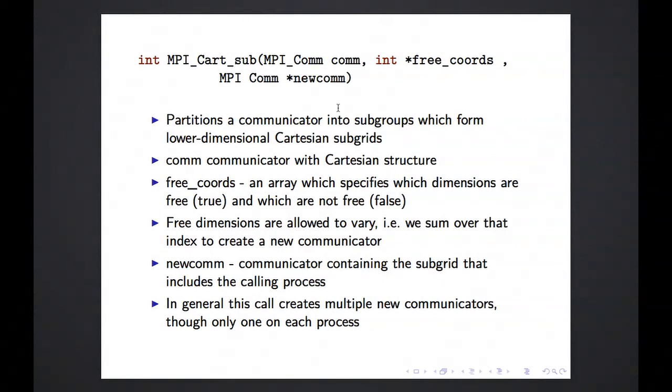Well, we have already done this using MPI Comm Split, but now we will see how much easier it is in the Cartesian topology. So this requires just 3 arguments in this case. You provide the old communicator, and then the output will be the new communicator. And the integer free coordinates, this is just an array which specifies which dimensions are free and which are not free. So in a two-dimensional case, this specifies whether you want the new communicator along the columns or along the rows.